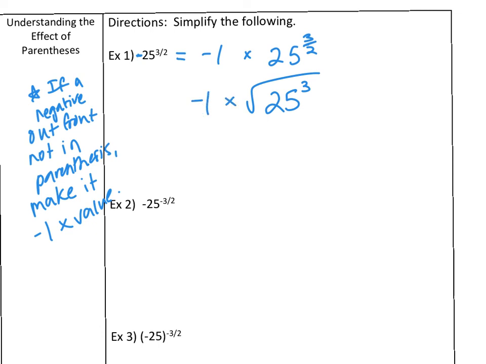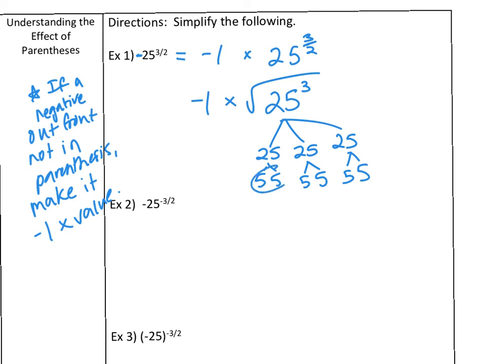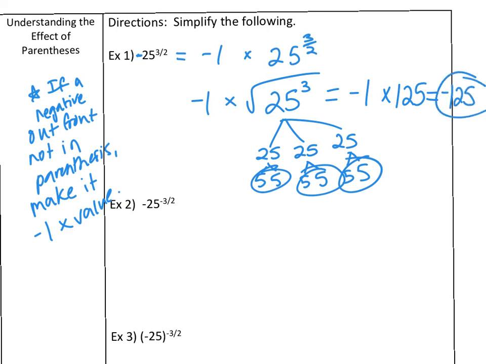And I have -1 times that. So I can break down 25 to the 3rd. It's just going to be 25, 25, 25. 5, 5, 5, 5, 5, 5. Looking for groups of 2. And I've got 3 of them, right? Okay. So 5 to the 3rd. So 5 times 5 times 5 is what? 125. So what I have is -1 times 125. What is that? Good. That's my answer on that one.